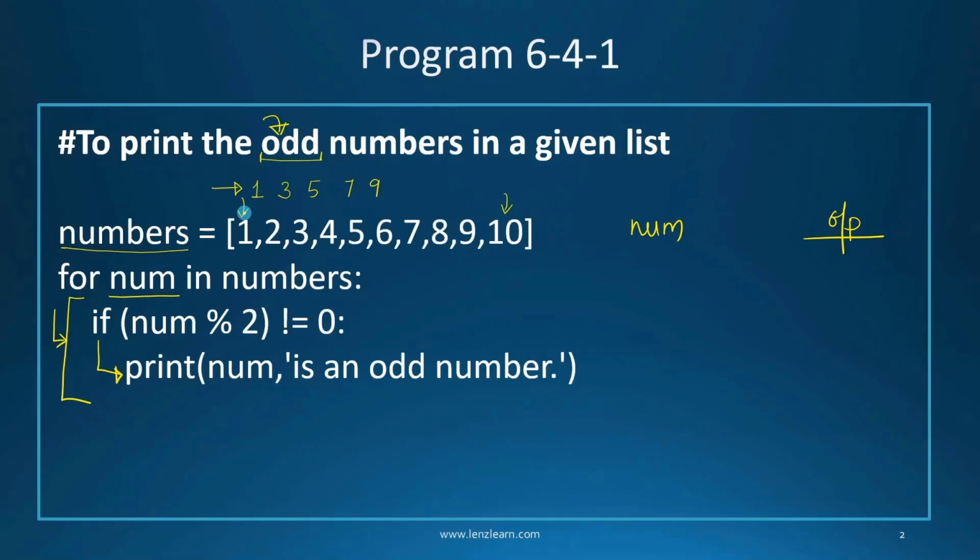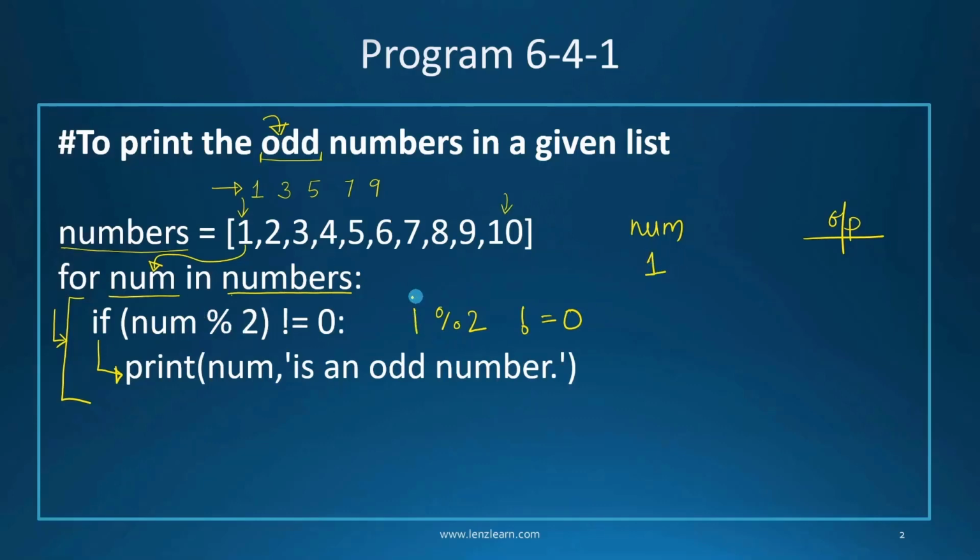Okay, so you can see now numbers is the list that you have created, and these are the values inside the list. So the first value from the list will be loaded into the control variable, and then I will run this check. So what it says is that 1 modulo 2 is not equal to 0, because the value of num right now is 1.